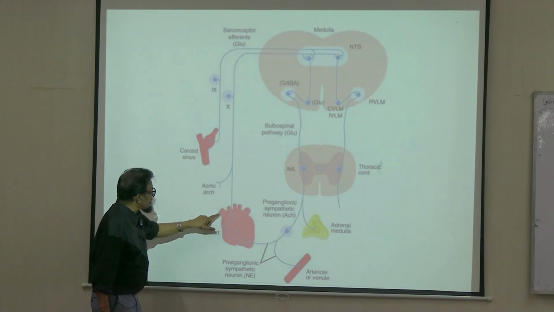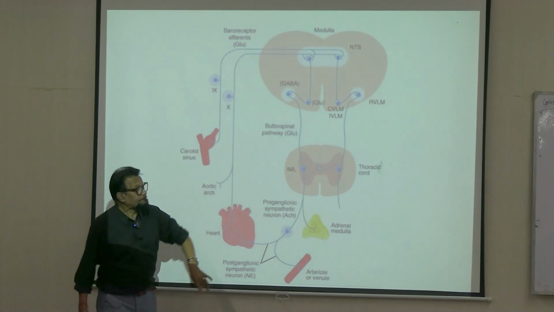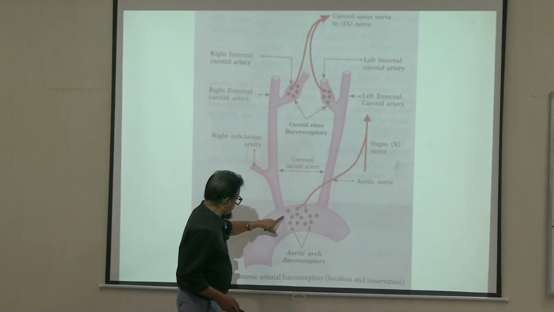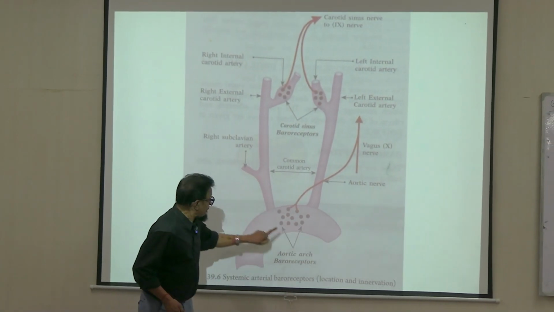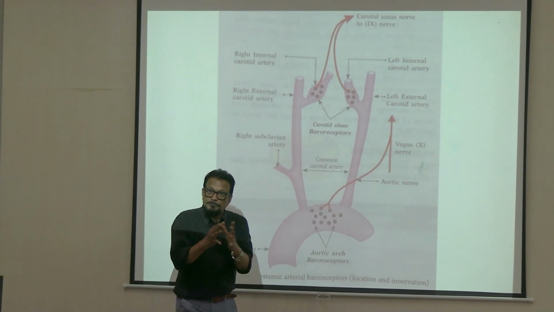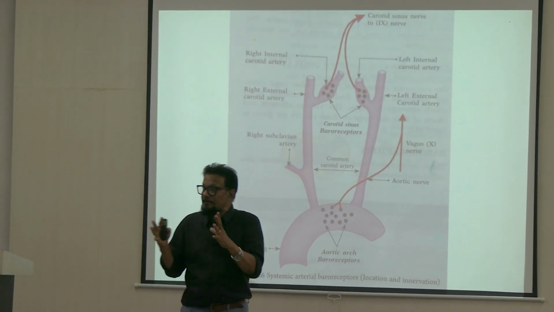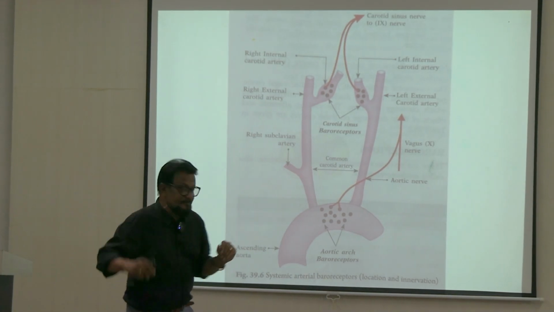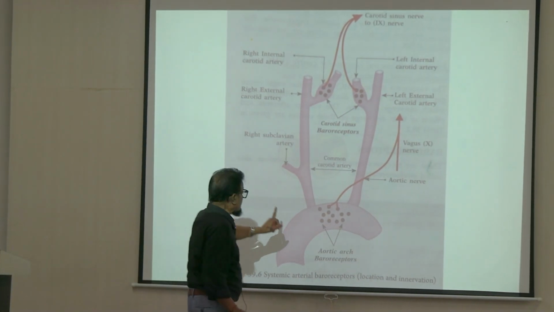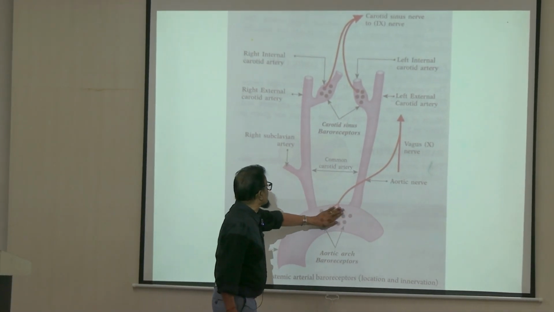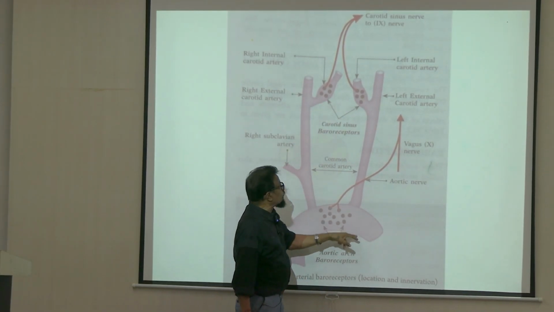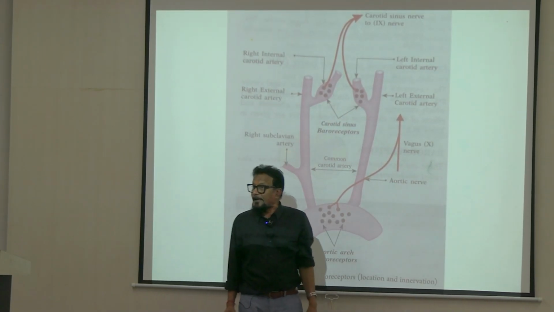Another type of baroreceptors is at the aorta. This is the aorta, and here are some baroreceptors. If systemic blood pressure is high, the wall will be stressed, and because of the wall stress the baroreceptors will be stimulated. It is the same here, so there are two separate groups of baroreceptors.